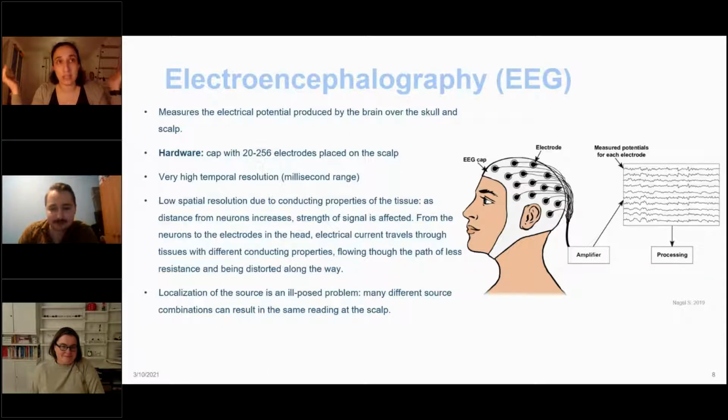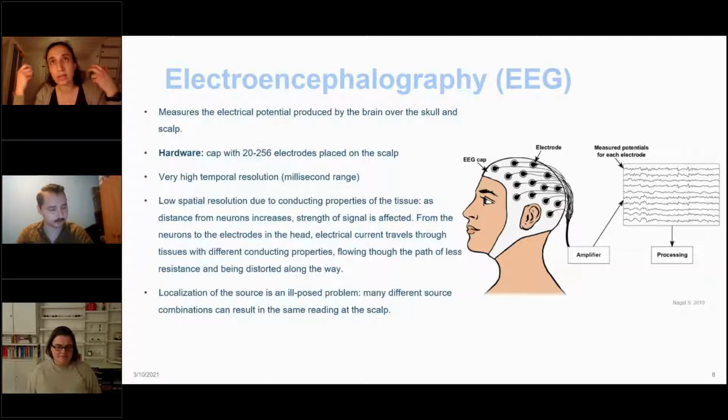You just walk in, there's a cap that you put on. Usually you have a screen in front of you, but there are many different kinds of tasks that you might perform. And this cap has from 20 to some hundreds of electrodes on it. Usually we can add some gel or any other ingredient that can facilitate the conduction between the scalp and the electrode, especially if you have a lot of hair.